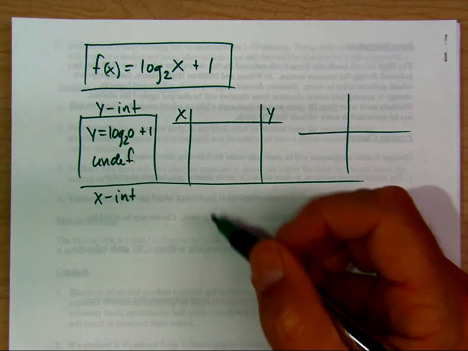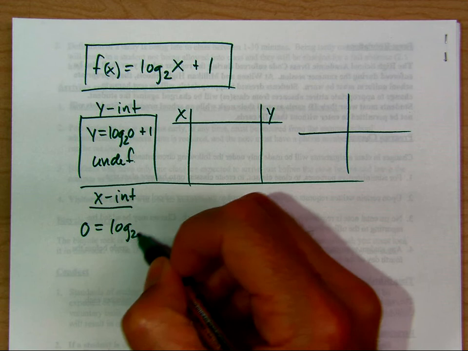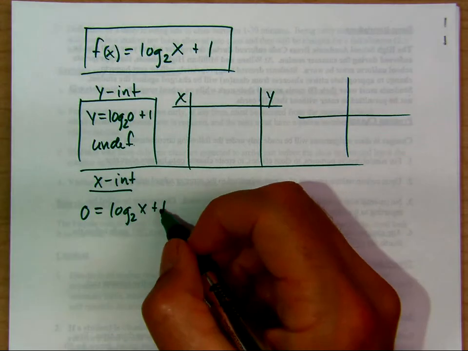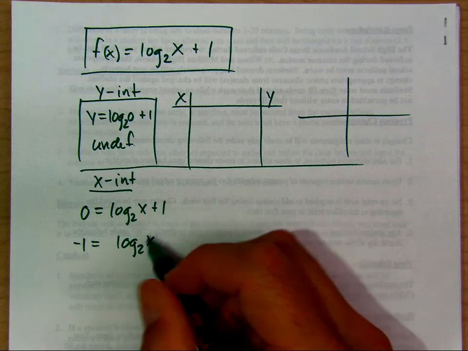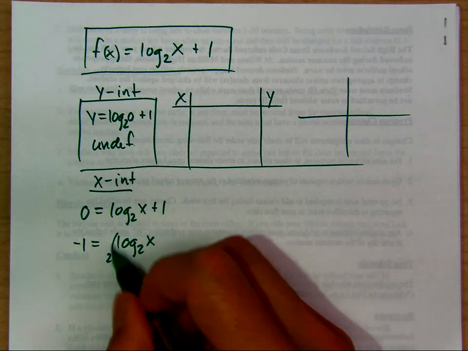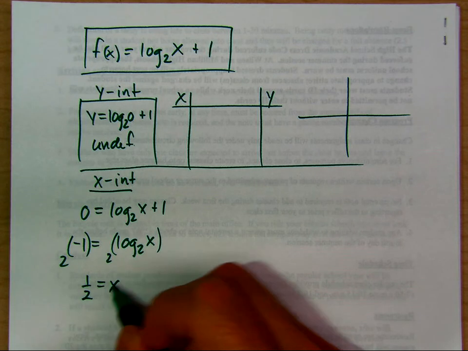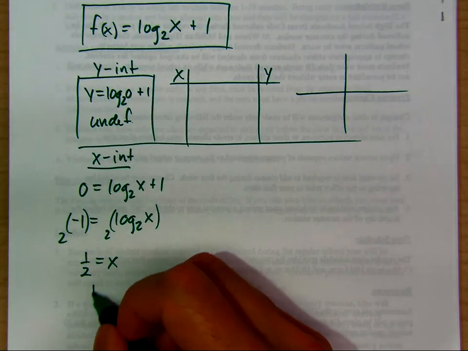So there's no y-intercept. X-intercept. Subtract 1, and exponentiate base 2. So we have an x-intercept of 1/2, 0.